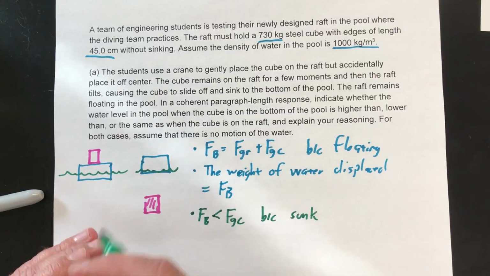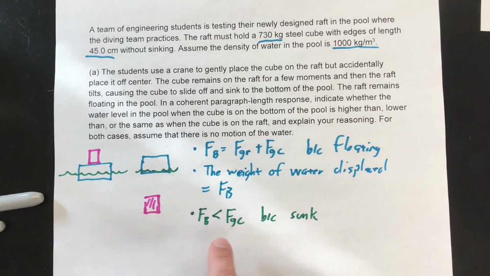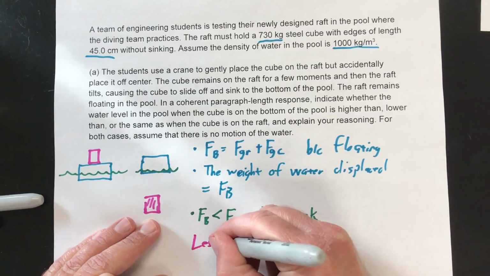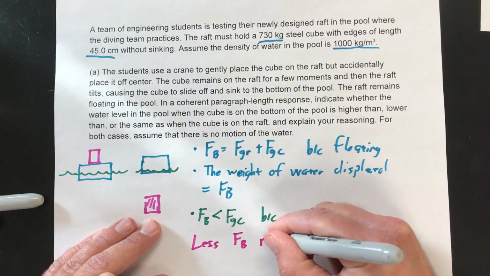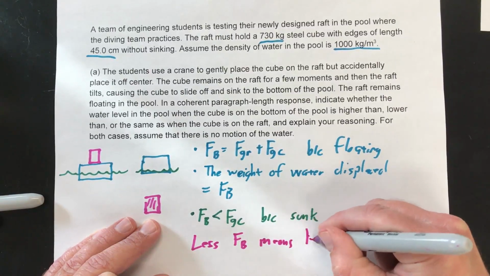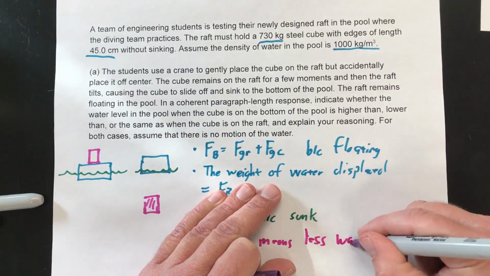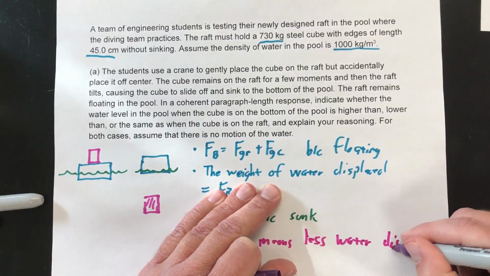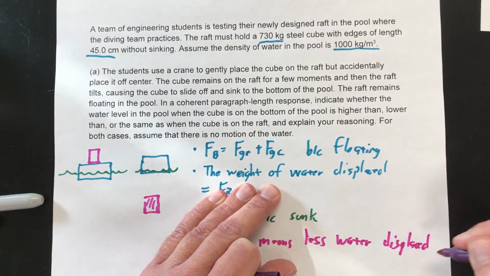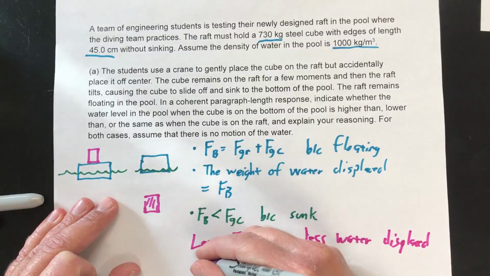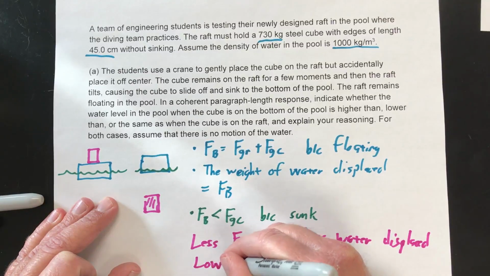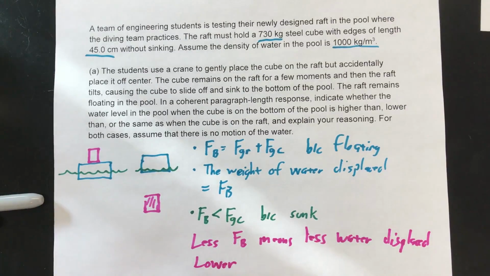The buoyant force on the raft is still the same, but there's less buoyant force on the cube there. And so working from that, less buoyant force means less water displaced. And if less water is displaced, then this water level will drop. It will be lower than before because we're not displacing as much water as we did originally.